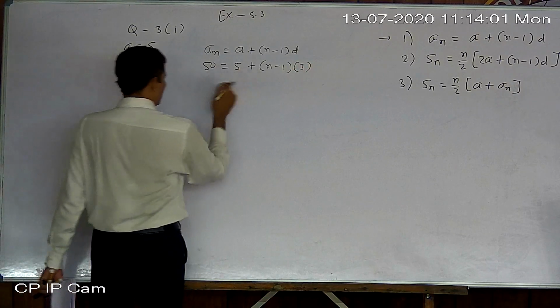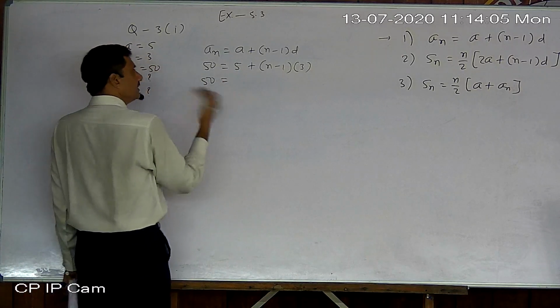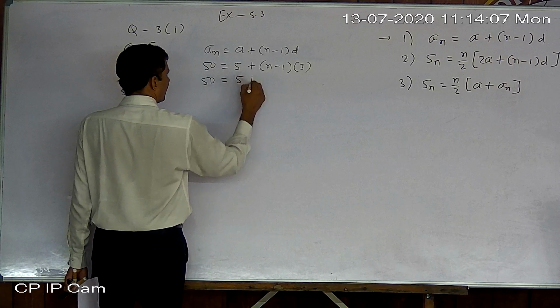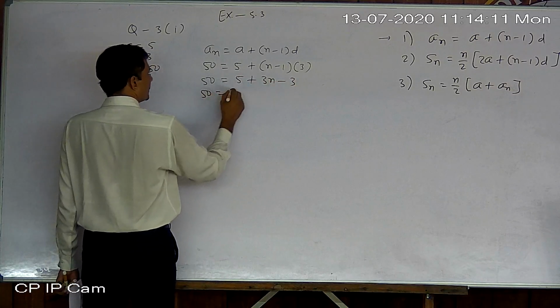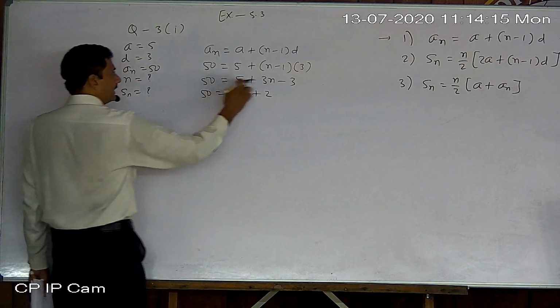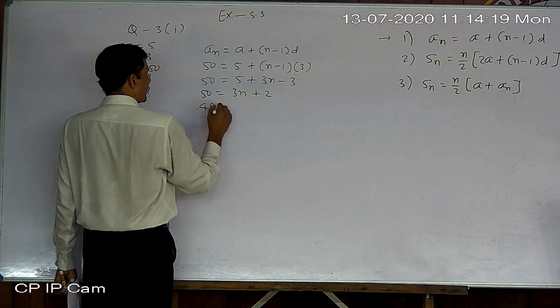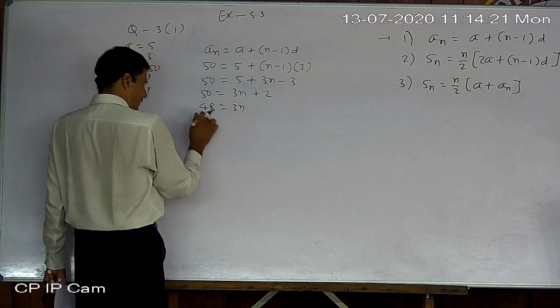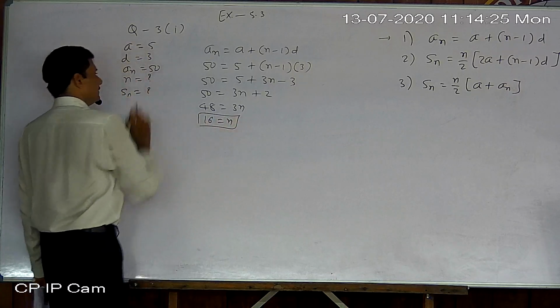Now just solve as we solved many sums in the previous exercise. So 5 plus 3n minus 3, so 50 equal to 3n plus 2, since 5 minus 3 is 2. Now 50 minus 2, 48. Now 48 divided by 3, 16. So we got the first answer.